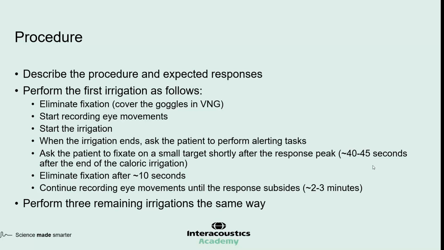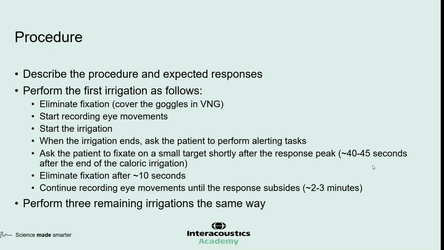Most of the VNG goggles now have a light built into them, and the light can come on and the patient can fixate. You can look at the patient's pupil. When it shrinks, you know that the patient is actually fixating. In the old days, you may have needed to remove the goggle cover and ask the patient to look at a fixed target. You do this for about 10 to 15 seconds.